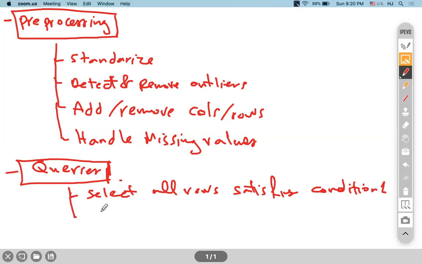You can select all columns that satisfy condition number 2. You can select all employees who work in a certain department. You can figure out all students with grade greater than, or less than, the mean. So you can apply some queries, and that will be part of the analysis as well.